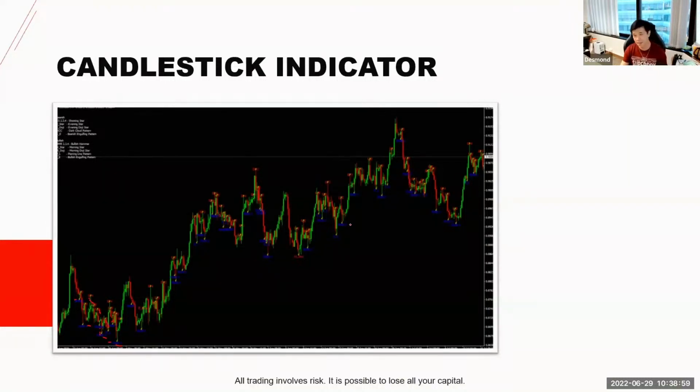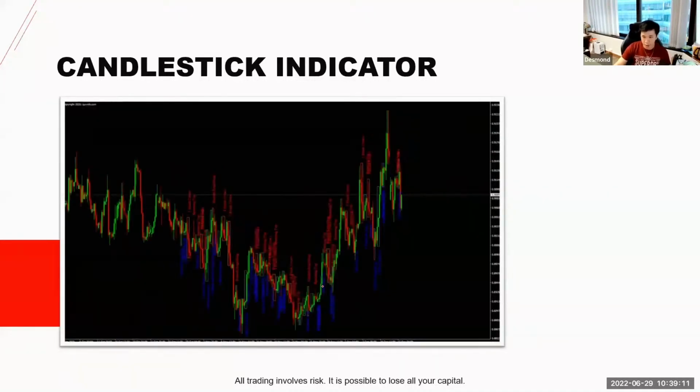If it tells you to buy when there's a bullish candlestick pattern and sell when there's a bearish candlestick pattern, you're going to be losing a lot of money. You can see there are just way too many candlestick patterns over here. In the same way, there's this other one with bearish and bullish candlestick patterns. Every single candlestick pattern is just lumped together, and it gives you a very low chance of being correct.